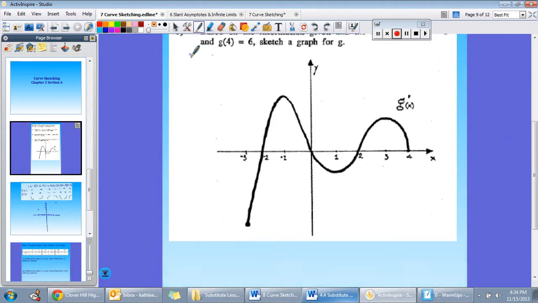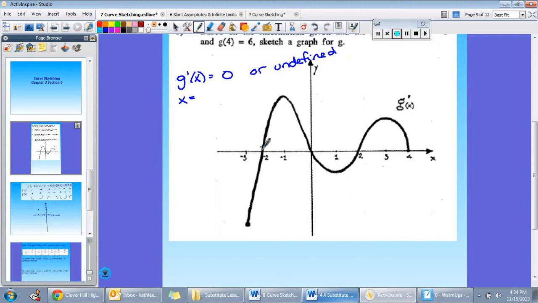So, like what we've been working on with critical values and intervals of increasing and decreasing and intervals of concave up and concave down, we want to look at where g prime of x is equal to 0 or undefined, and that's going to be our critical values.